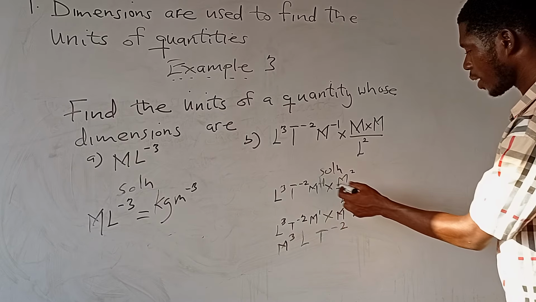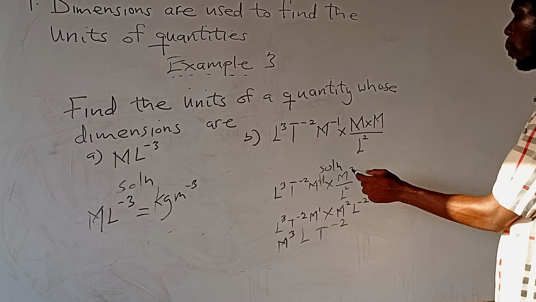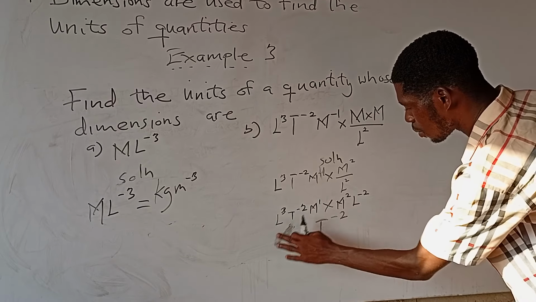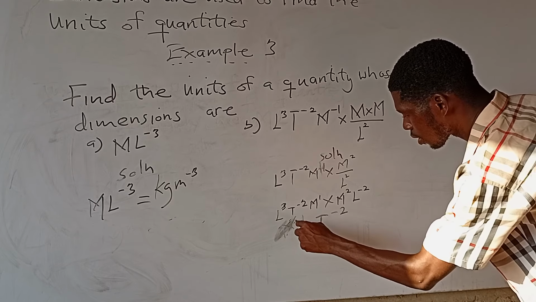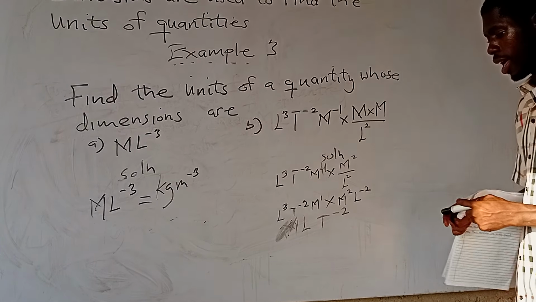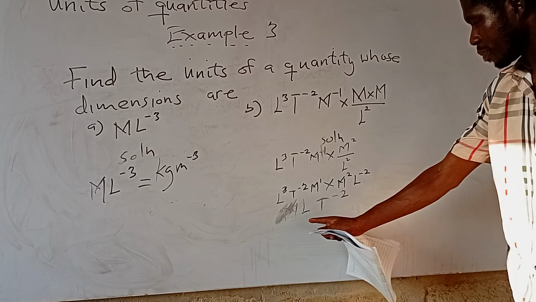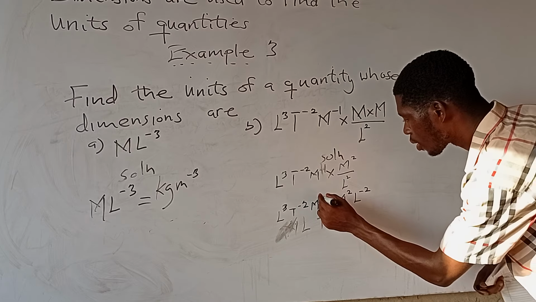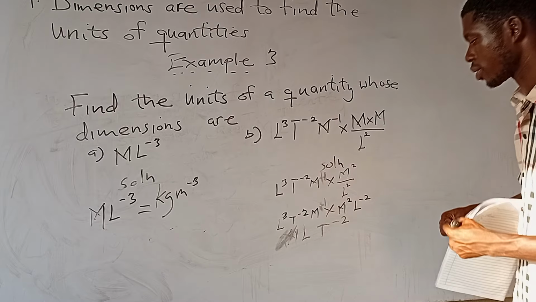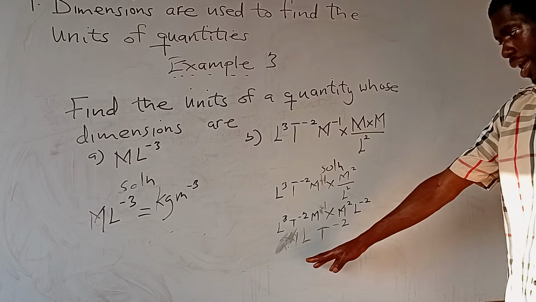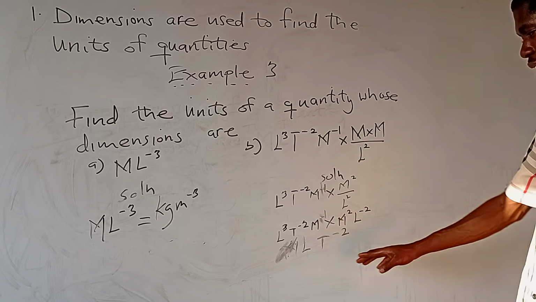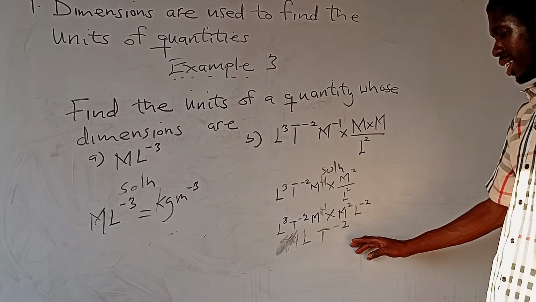If here is negative 1, and negative 1 plus positive 2, we are left with 1. So we have M L T^-2.